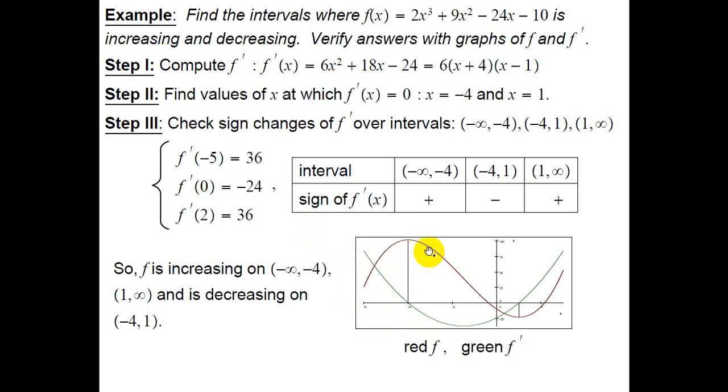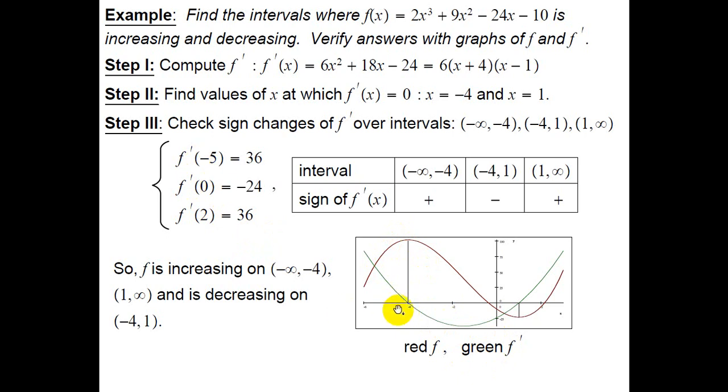The red one is the graph of f of x. Here you can easily see the values are increasing up to x equals minus 4.